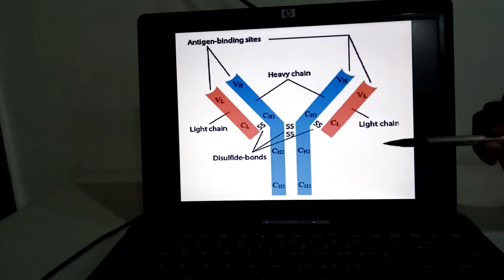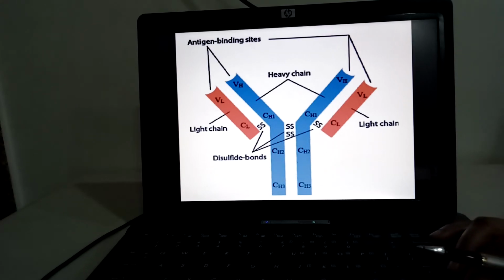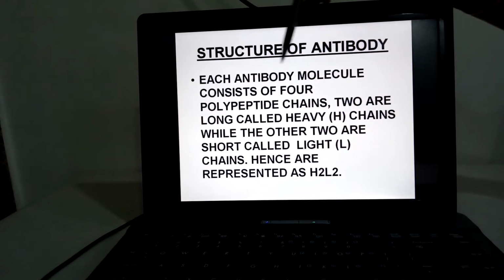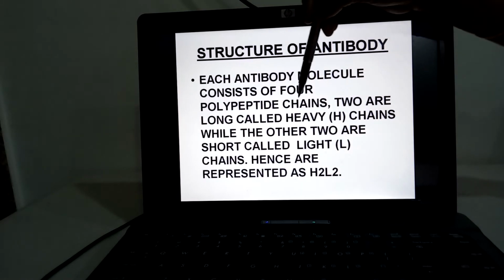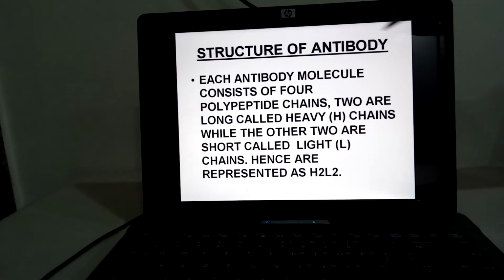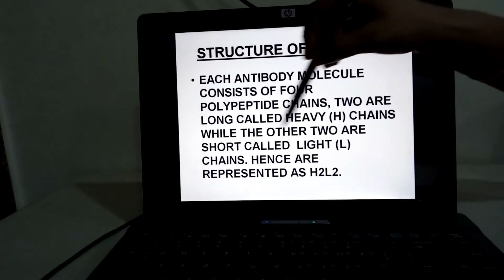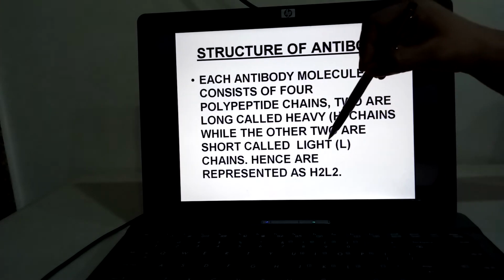And because of such kind of structure, it has dual functioning. First, it has the antigen binding site, plus it also fulfills biological activity mediation. So antibodies function in 2 ways. I'm just now reading it out. Each antibody molecule consists of 4 polypeptide chains. 2 are long chains called heavy chains, while 2 are short chains called light chains.